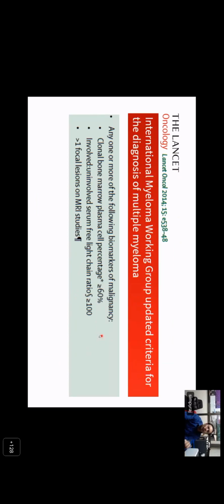And there are a few new criteria which were defined recently. It's not that recent, almost 7 or 8 years. Even if you do not have anemia, hypercalcemia, or lytic lesions, but you have clonal bone marrow plasma cells more than 60%, or a light chain ratio more than 100, or one or more than one focal lesions in an MRI study, it can also be considered as myeloma.